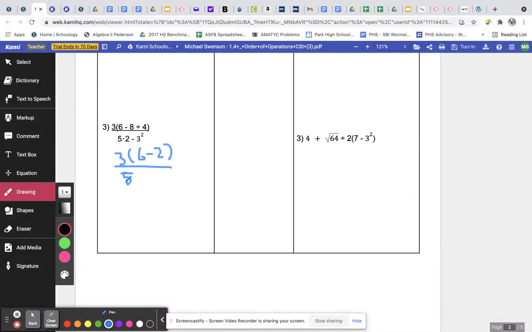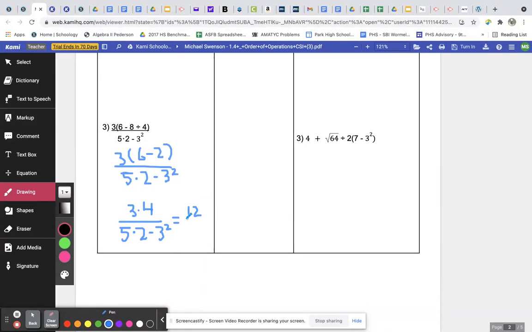And we'll write out the bottom. 5 times 2 minus 3 to the second power. There it is. 6 minus 2 is 4. We'll write that on top. This is 3 times 4. Write that there. And this is 5 times 2 minus 3 to the second power. So let's do that. Okay, 3 times 4 is 12.